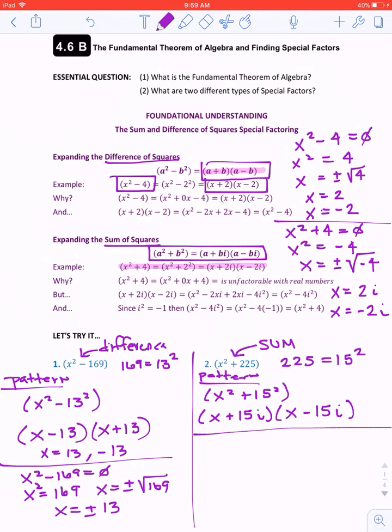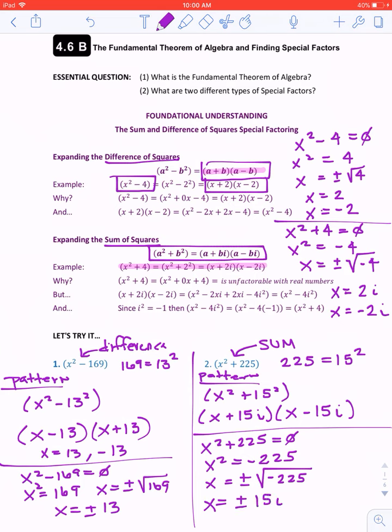Just to make sure, you can set it equal to 0. So x squared plus 225 equals 0, so x squared equals negative 225. If I square root that, plus or minus the square root of negative 225, negative square roots come out with an i, so x is positive or negative 15i. So you should see that same value for them. You can find your zeros by following the pattern, or you can find your zeros by setting it equal to 0. That's why we call them zeros.